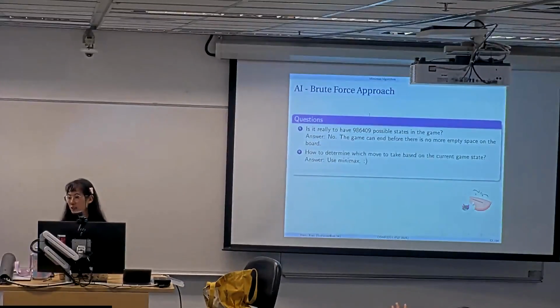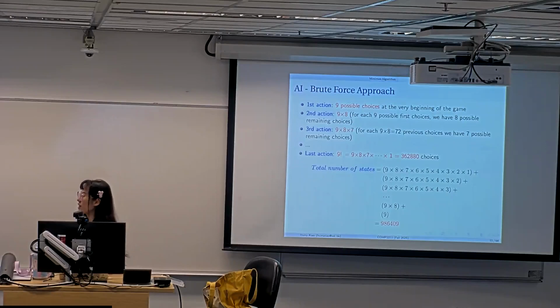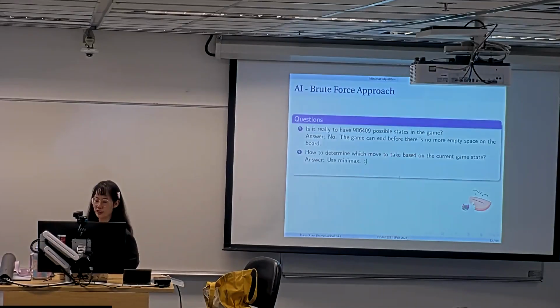As long as one player wins the game, we basically reach the termination state, so in that case you don't need to further expand that state. But in this calculation, we counted from the root node until all of the cells are occupied. We counted all the possibilities, but some of them are illegal game states because the game can end before that. Then we can delete some of the nodes. But still, after we delete some of the nodes, there is still a huge search space.